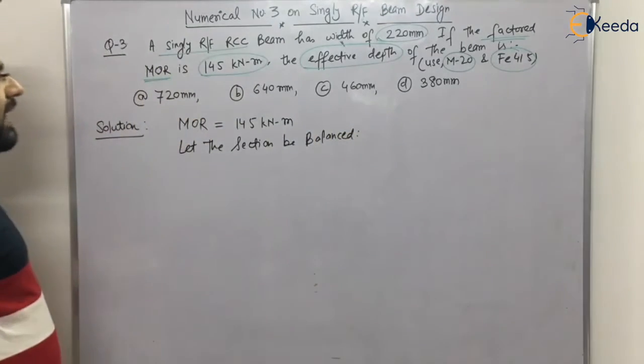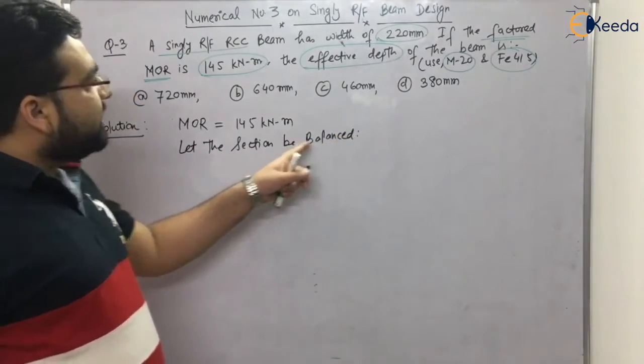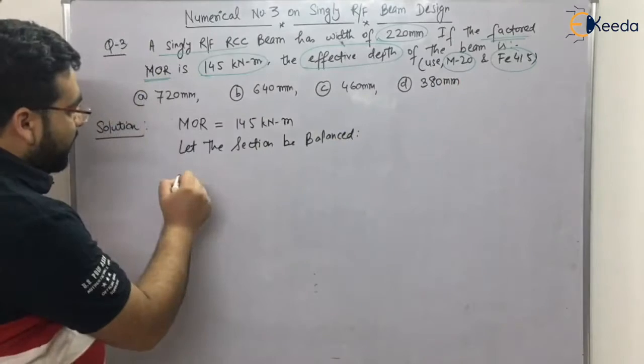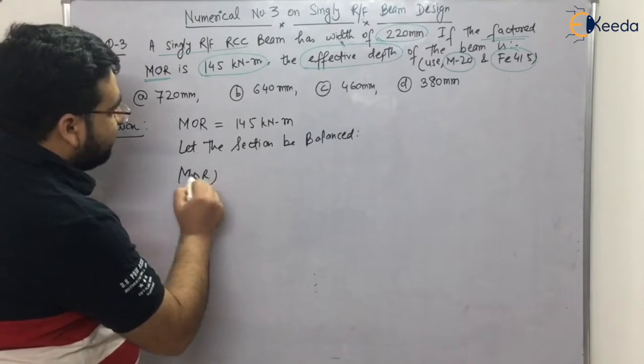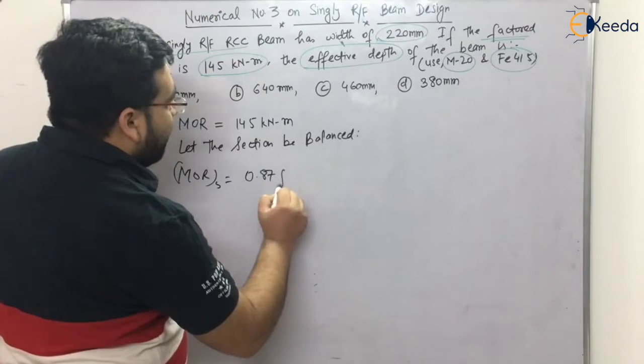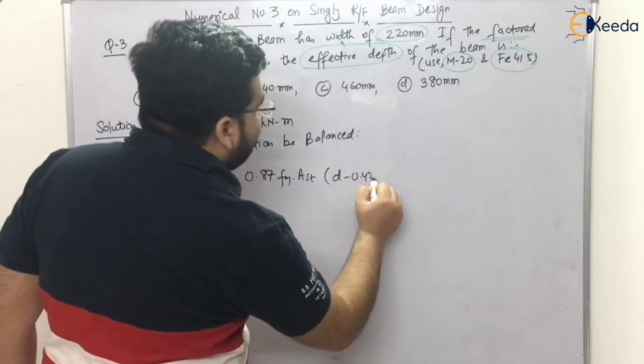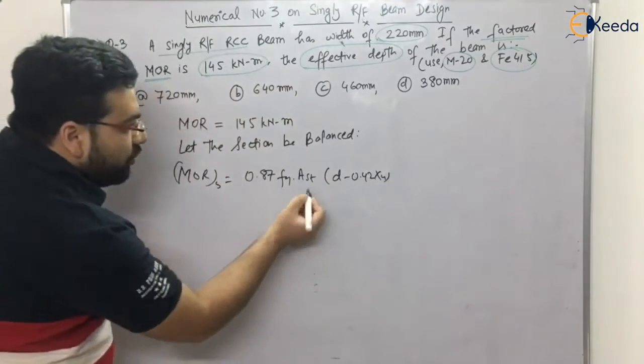If the section is balanced, I cannot use the moment of resistance with respect to steel, because that formula is 0.87 Fy Ast (d minus 0.42 Xu), and you don't know Ast.